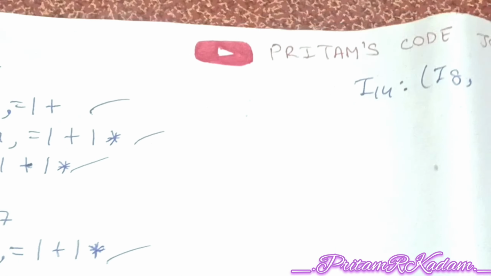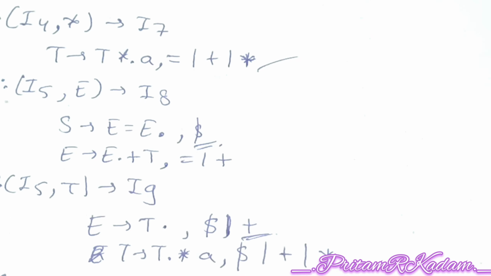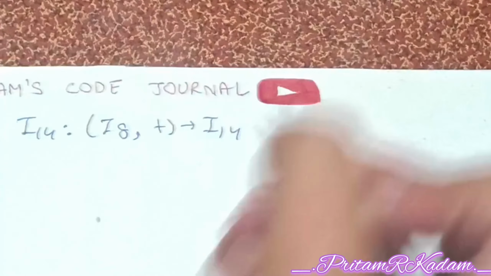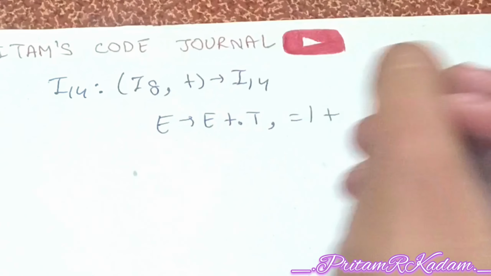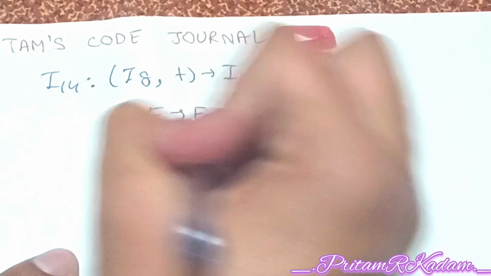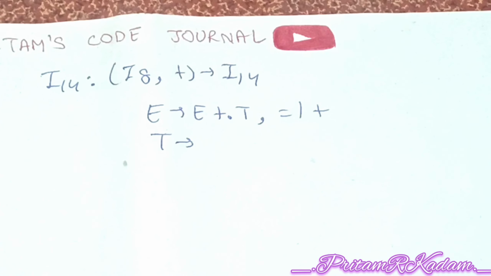So for the second part, I write I8 on plus goes to E gives E plus dot T. So plus goes to I14. Now this is E goes to E plus dot T with look ahead equals to n plus, but as we have a non-terminal after dot, we will write the productions of that. So we have to write the productions of T.